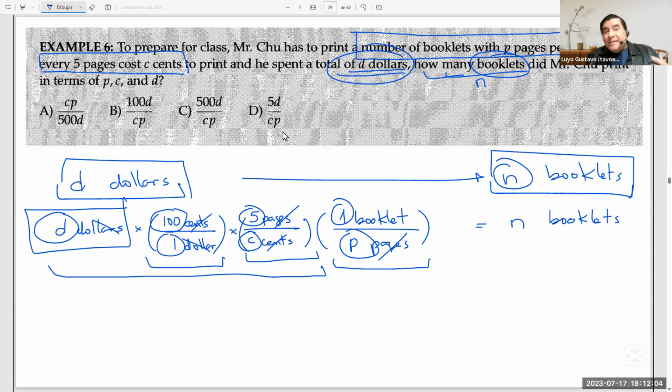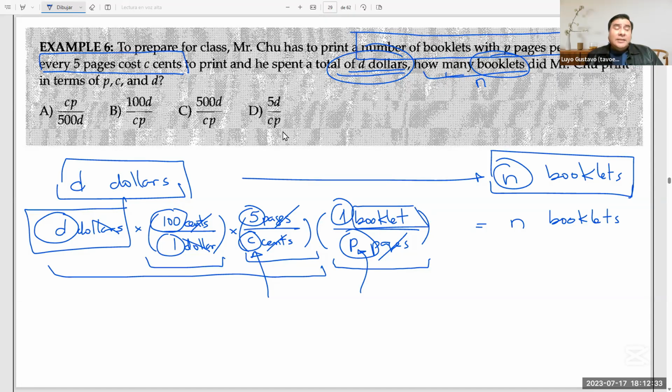But as you can see, this expression is in terms of some variables or letters. It's in terms of D. We don't know what D is as a number. It's also in terms of C, the C cents mentioned here, and it's also in terms of P, the P pages mentioned there. So for the numerical value of this product, you know that all the units will cancel except for booklets.